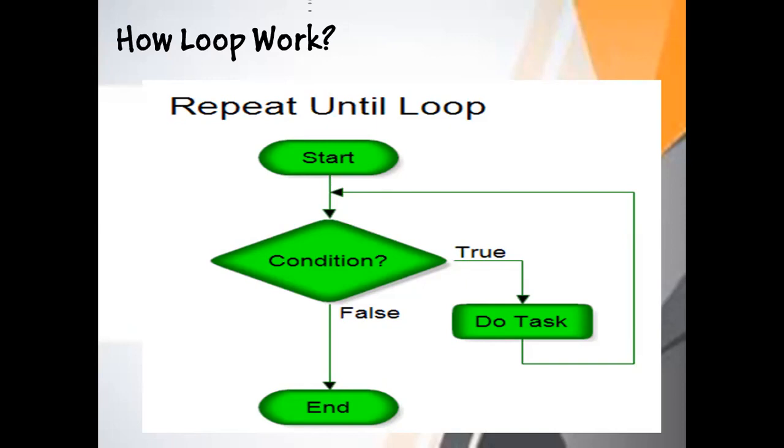The condition determines what will be the output of the loop. So that is the image or structure of a loop.